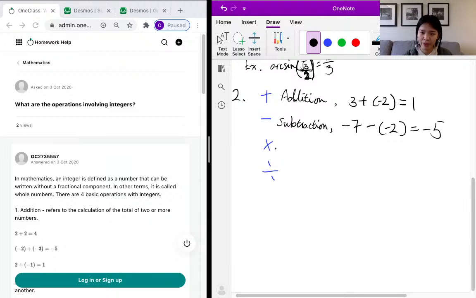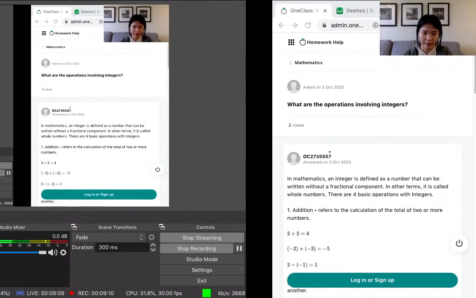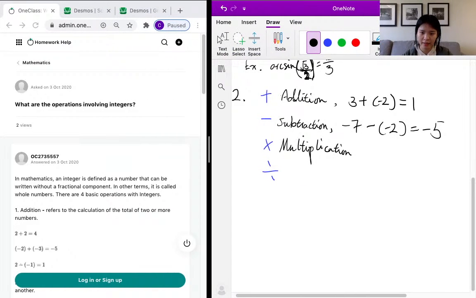Next, let's do multiplication. Again, let's just do a negative integer times a positive integer. So let's do -3 times 5, which is equal to -15, and that is a multiplication.